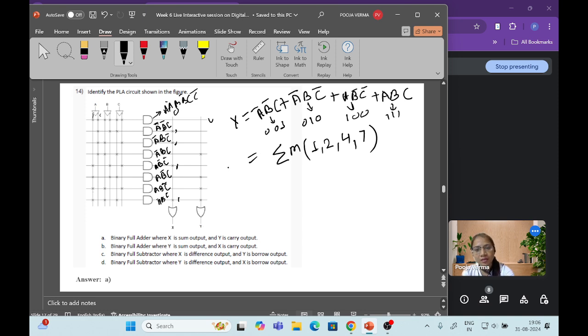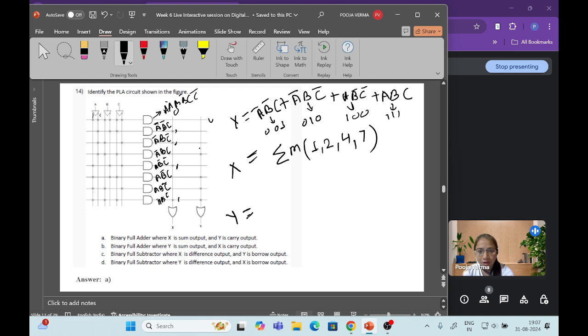That is X. Now check for Y. This one is for X, right? Now for Y we are going to calculate.